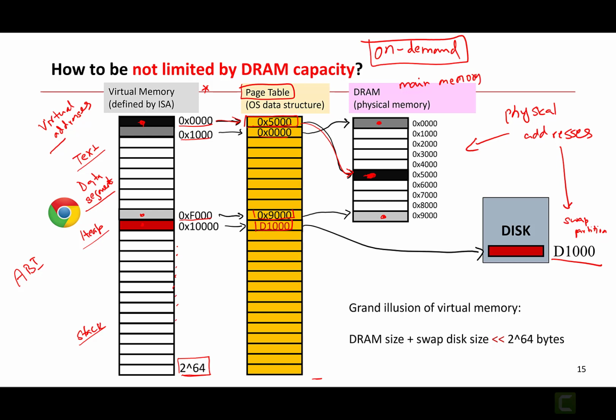It is a scam, in a way, that your operating system is running. On one hand, it is telling the programmers, hey, you have the guarantees of the ISA. The ISA tells you to use any memory location that you want between 0 to 2 to the power 64. And I guarantee you that whenever you need physical memory space, I'll give it to you. But if you do want to provision that much space, it would be super expensive.